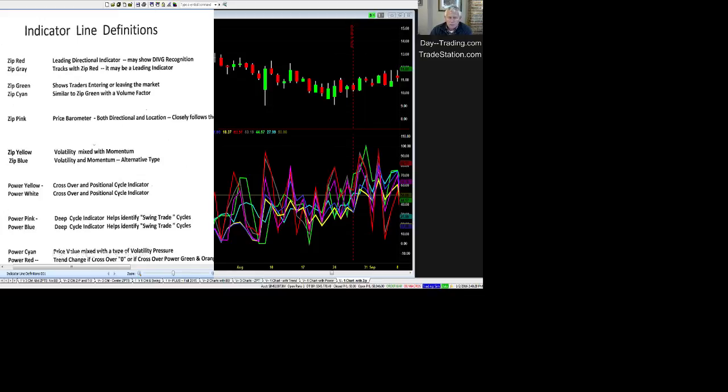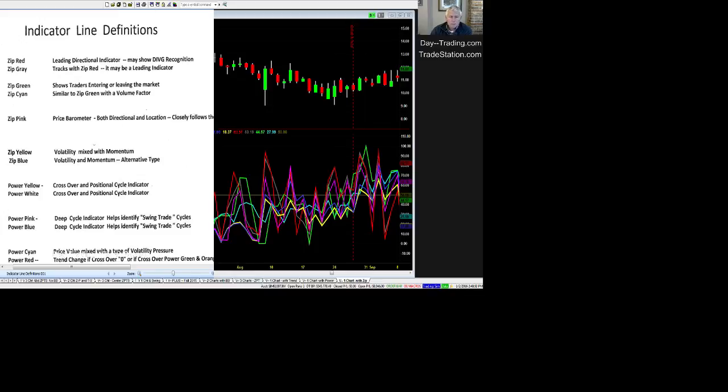It also has divergence or divergent recognition, and because of those two factors, it can show us what's going to happen in the next period or the next day.